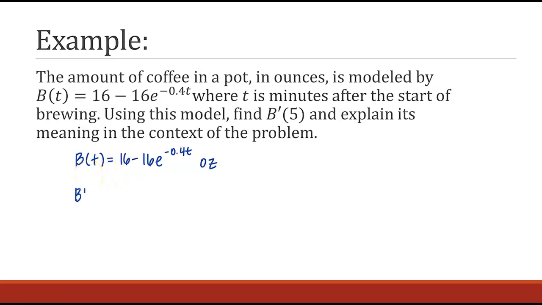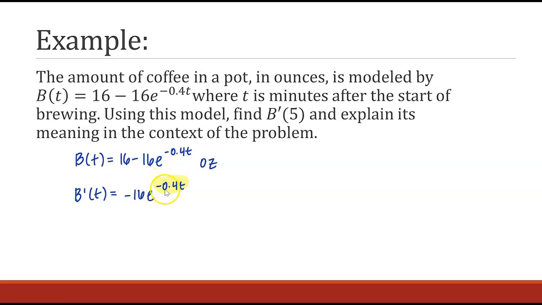So we have b prime of t is equal to, the derivative of 16 is 0. Here, this is going to be a chain rule. So the derivative of an exponential function is just the exponential function. So it's like we'd have negative 16e to the negative 0.4t, but then we have to take the derivative of the inside.